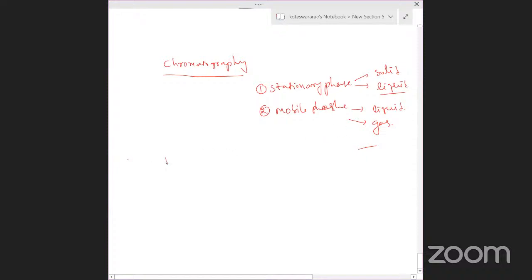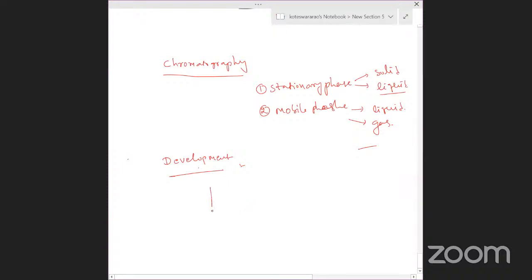Next, development. How is chromatography developed? The process of separation of the sample compounds into a series of narrow zones, bands, or spots under the influence of the mobile phase is called development.